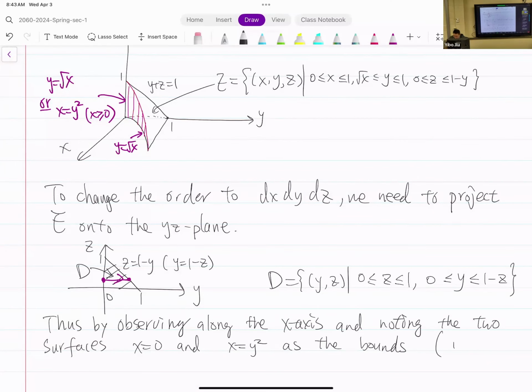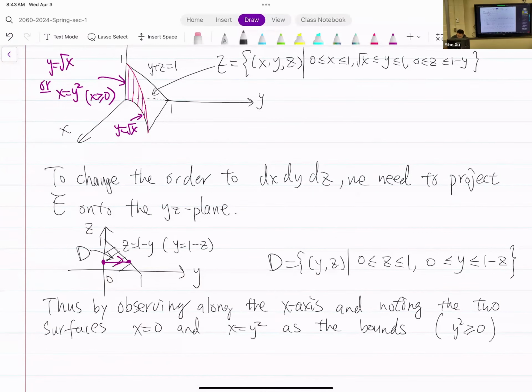And here it's clear that y squared is lower bounded by 0. Okay, so of course, y squared is non-negative. So that's the upper bound we have.